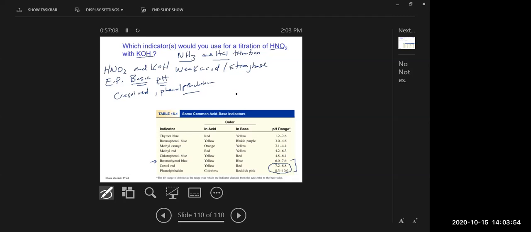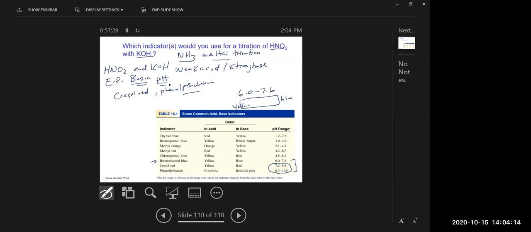If we look at bromothymol blue, it works at a pH range of 6 to 7.6, which means that at a pH of 6 it's probably going to be yellow, and then it's going to go blue.